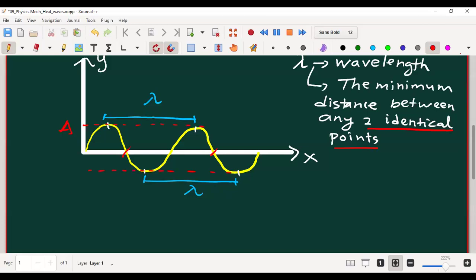The amplitude is the maximum displacement. So amplitude is the maximum displacement. A is amplitude.